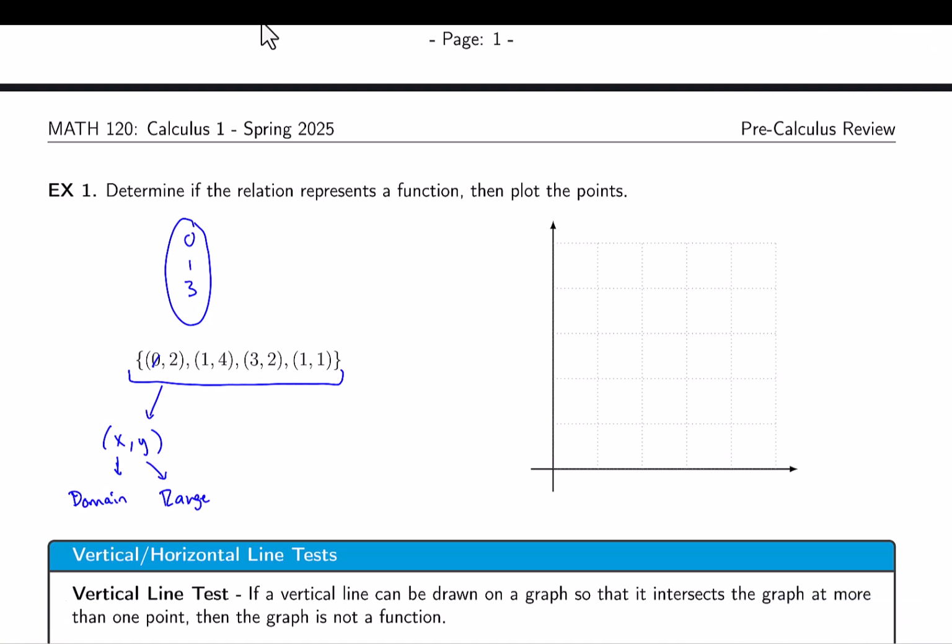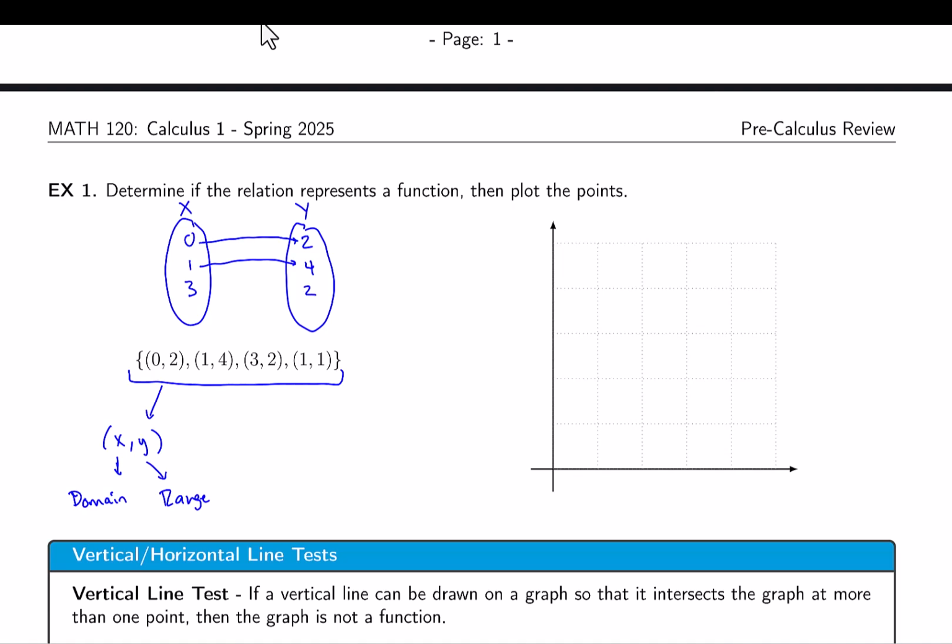Now, if you go through the items in the y, so let me label this x and this y. You have a 2, but this 0 corresponds to this 2. Then you have a 4 in the y, but this 1 in the x corresponds to that 4. Then you have another 2, but the 3 corresponds to the 2.